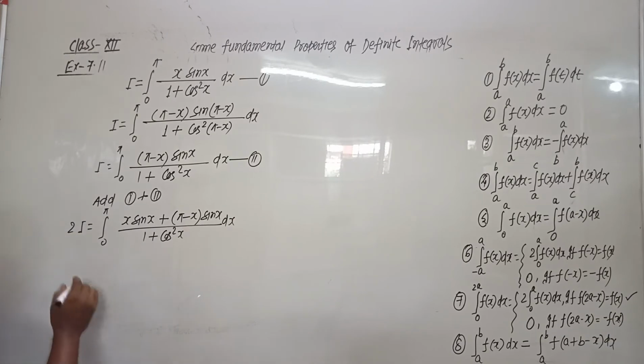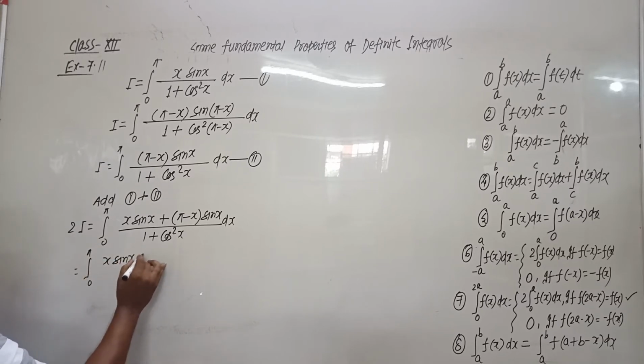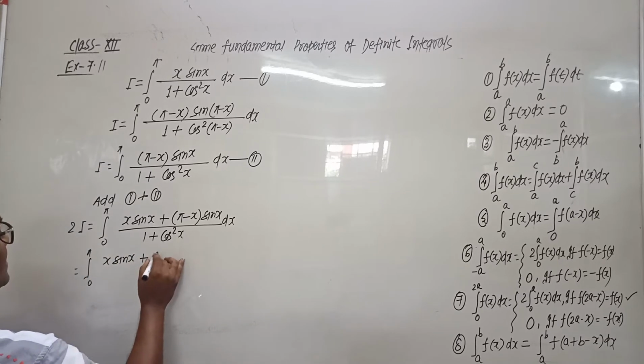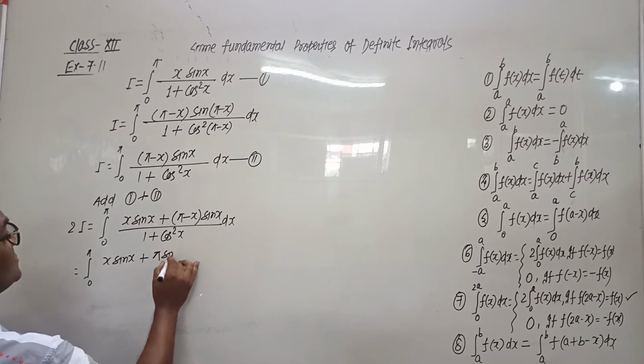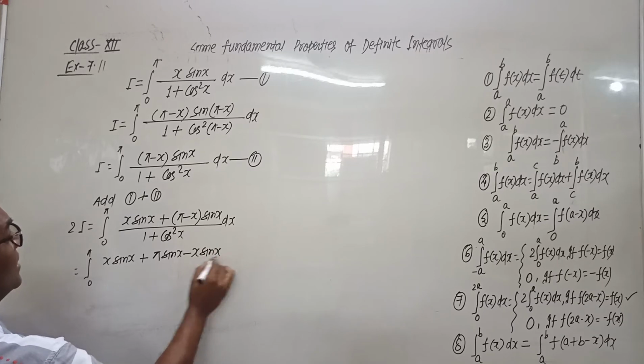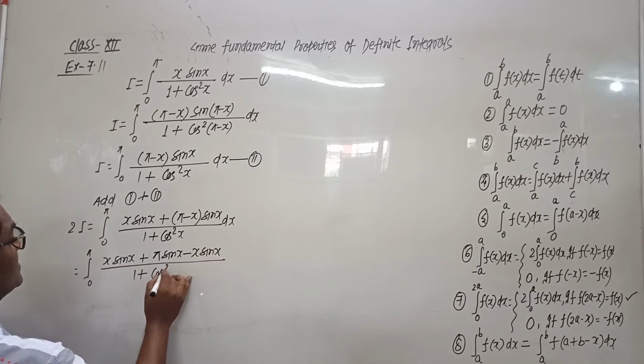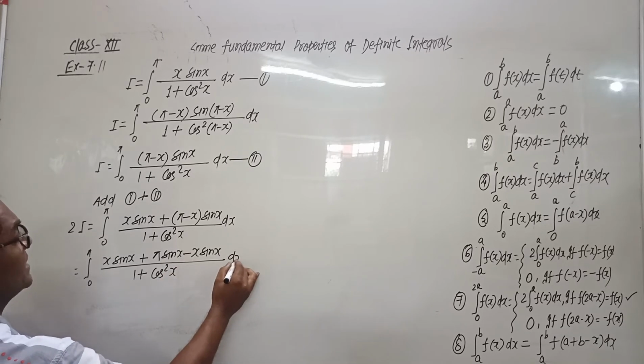Now remove the bracket. So integration 0 to pi of x sin x plus pi sin x minus x sin x, upon 1 plus cos square x, dx.